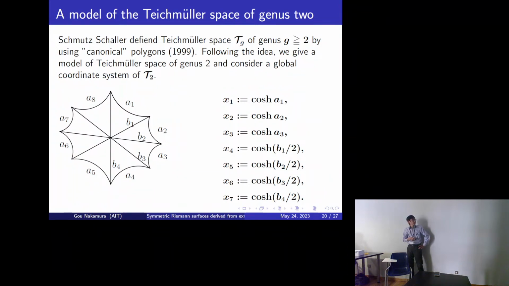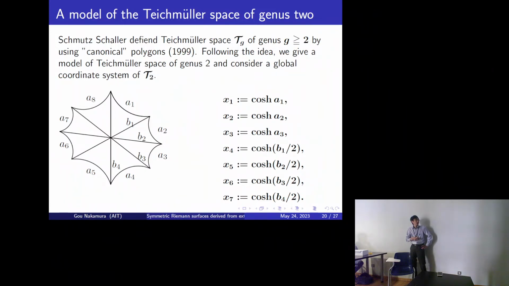Next, x4 is the hyperbolic sine of half the length of b1, where b1 is the segment between two opposite vertices. This is B1, and next B2 and B3.